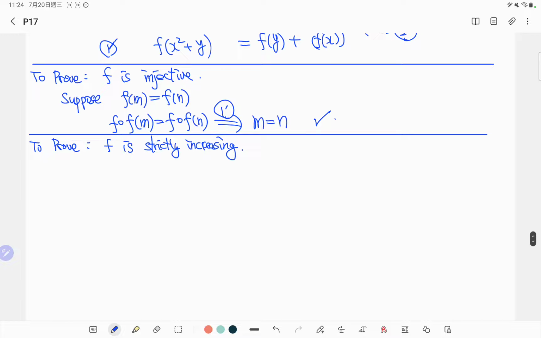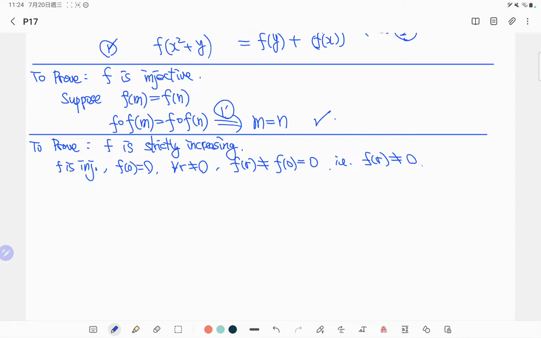Okay, so first of all, as much as f is injective, and f of 0 is 0. So for all r not equal to 0, f of r should not be equal to f of 0 equals 0. Okay, which means that f of r is not equal to 0.